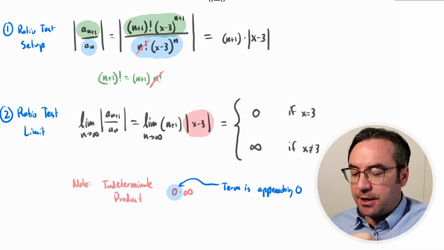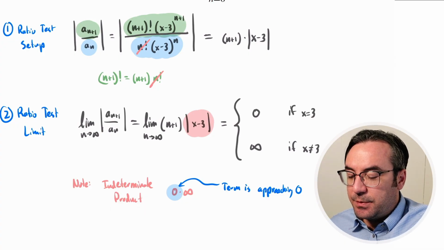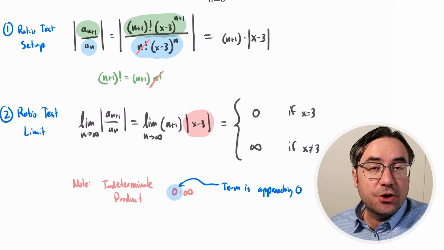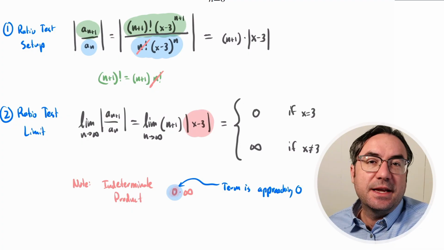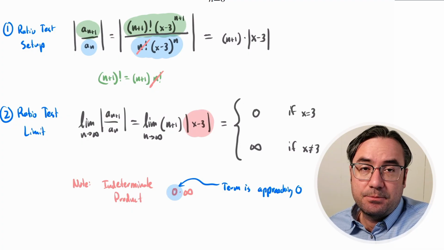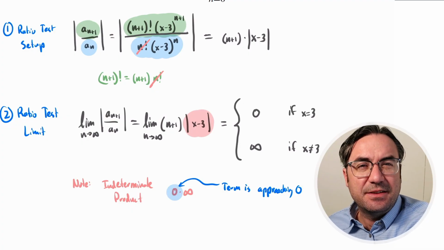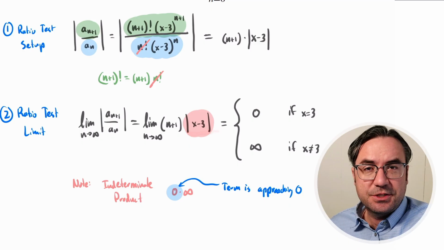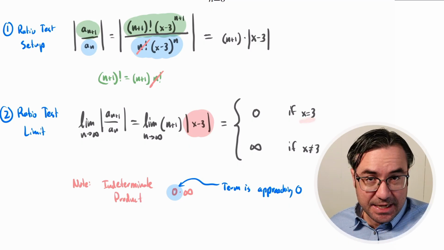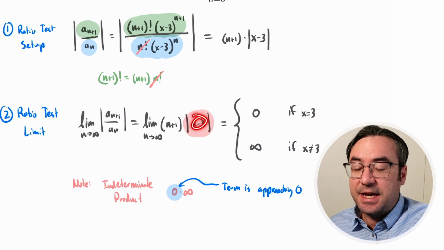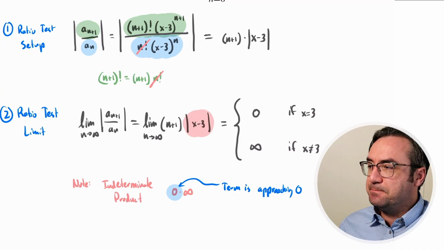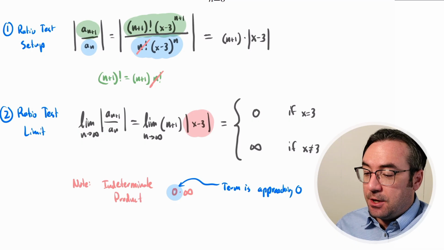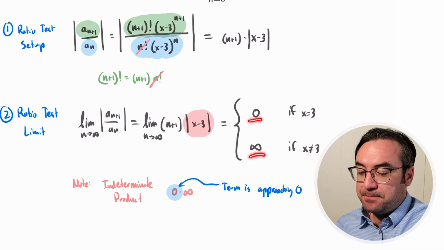So just a little note here: when we say 0 times infinity is indeterminate, that 0 term is not exactly equal to 0. It's approaching 0, but it's not exactly 0. That's different than what we're seeing here. x minus 3, in the case when x is exactly equal to 3, is exactly 0. So it's not indeterminate.